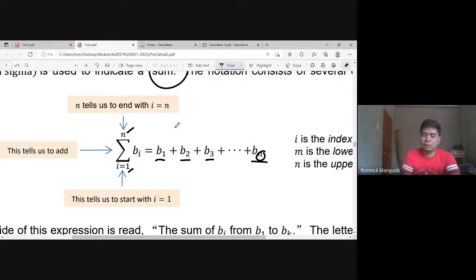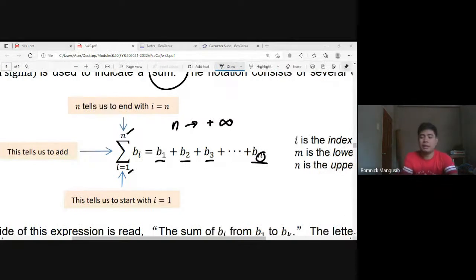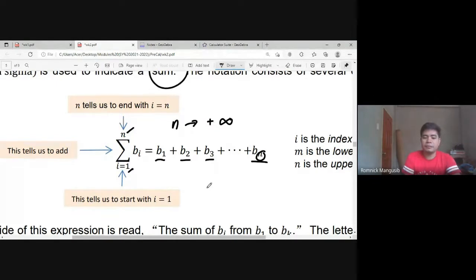And I told you, n can also be infinite. Pero ang mga ganyan tanong ay sa calculus na lang, just to give you an idea. Okay, so you need to add all the sequences, all the values b sub I from 1 to n.